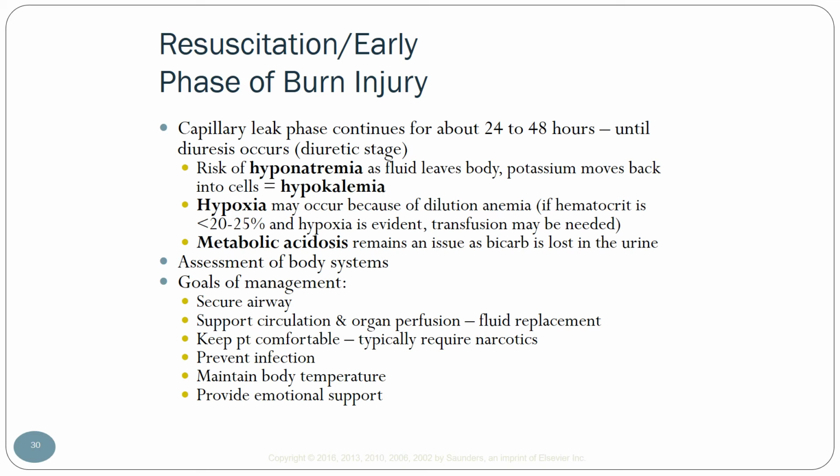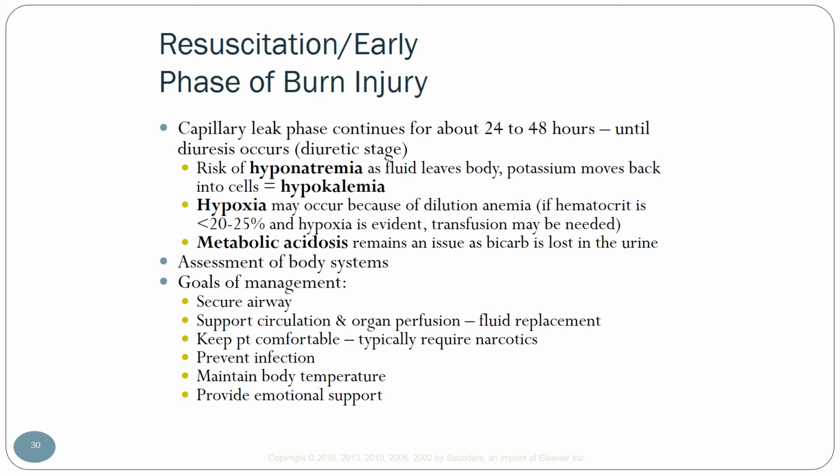So I want to clarify. After capillary leak, 24 to 48 hours, we'll move into a diuresis, and so we'll see increase of fluid output. This is where our urinary output is going to increase, and we need to decrease our fluid resuscitation in order to prevent that possible pulmonary overload.